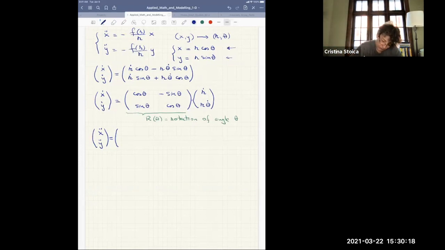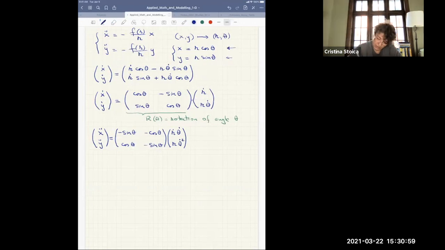So the cos derivative is minus sine, then minus cos, then cos, then minus sine, and then the theta dot, with r dot and r theta dot squared.